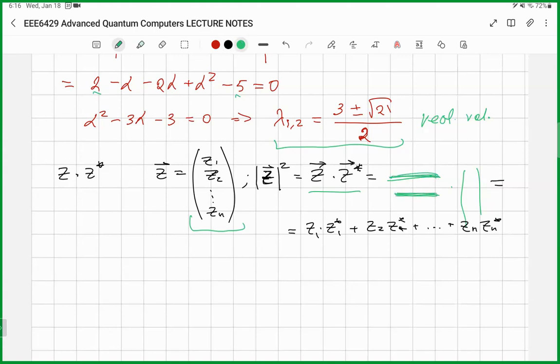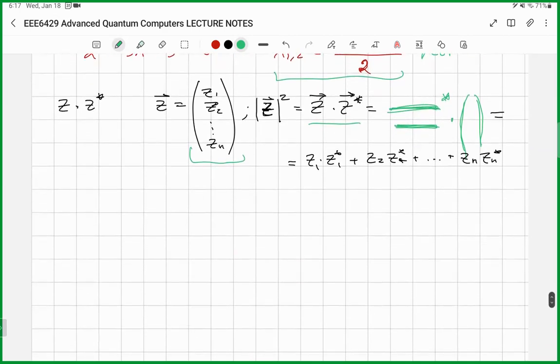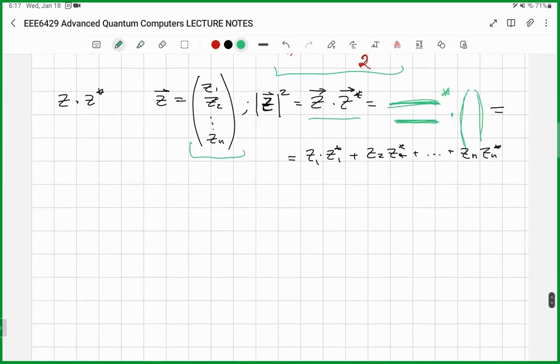This is column, this is row, then complex conjugated, and then times the column of the vector. So this is the comment on taking the product of two complex vectors. Do you have any questions?